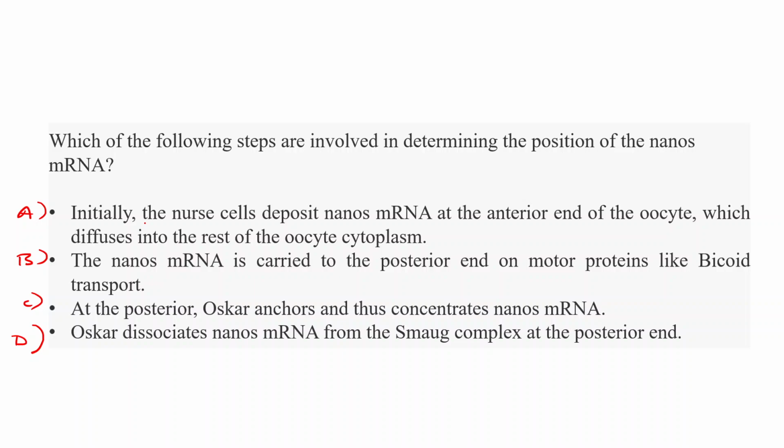B: Then the nanos mRNA is carried to the posterior end on motor proteins, like bicoid transport. C: At the posterior, Oscar anchors and thus concentrates nanos mRNA. And D: Oscar dissociates nanos mRNA from the Smaug complex at the posterior end. What are the correct statements?